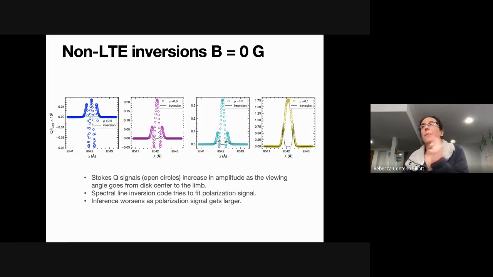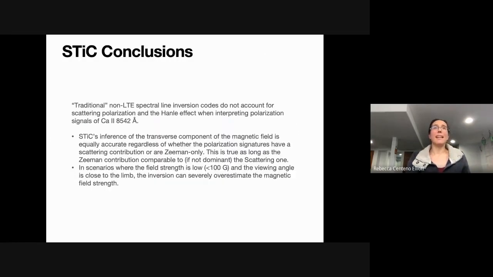This happens because STIC only cares about minimizing the difference between the synthetic and the observed spectra. It doesn't really care what physics goes into the observations, of course. So essentially, this leads to an overestimate of the magnetic field strength in cases where the signals are exclusively generated by scattering processes.